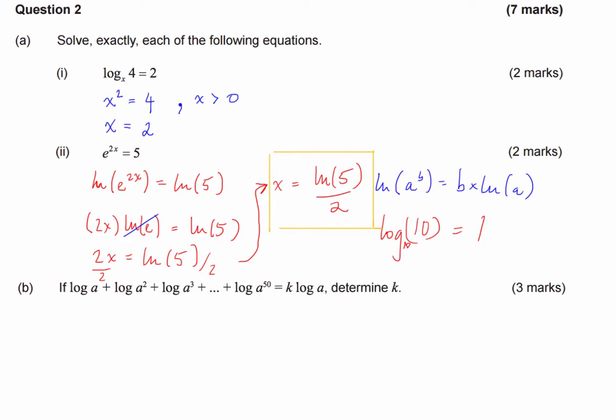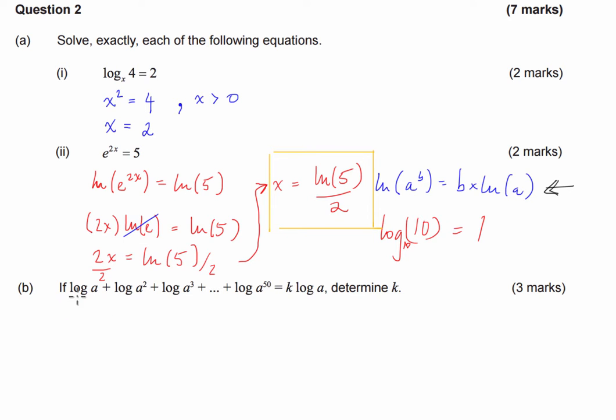Finally, let's get on to this last question. All right, what have we got? If log a plus log a squared plus log a cubed plus everything up to log a to the 50 is equal to k log a, determine k. Well, we're going to use the index law to start with.